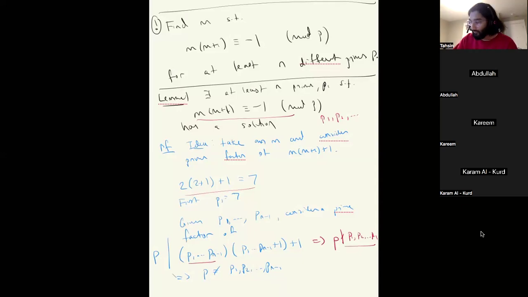So that means if I say Pn is P, it's a new prime. Does it make sense what I'm saying? Yeah. Okay. P is a new prime. And so now I'll get an infinite sequence, right? And they're all different.